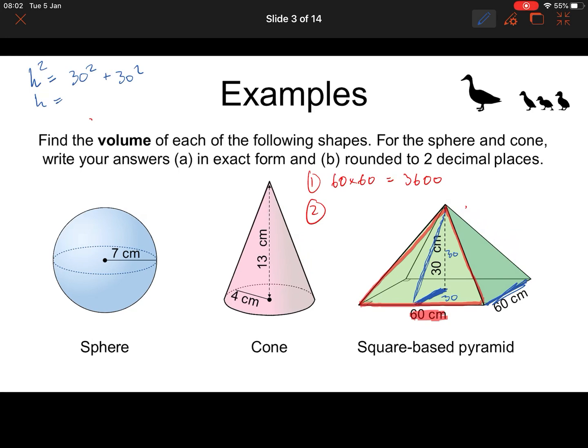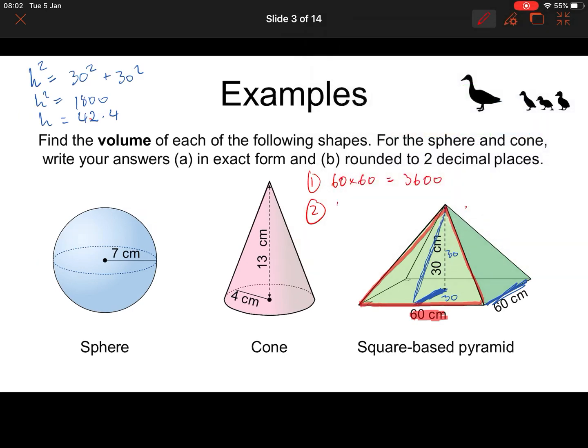So let's just do that. 30 squared plus 30 squared equals 1,800. So the height is the square root of that. Root of your answer is equal to 42.4 for three significant figures. So the height of the triangle is 42.4.